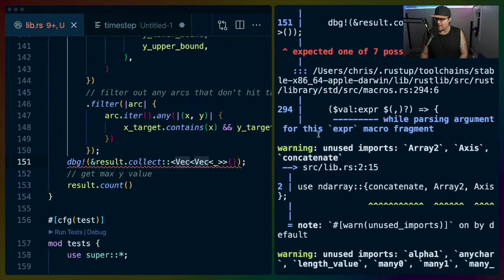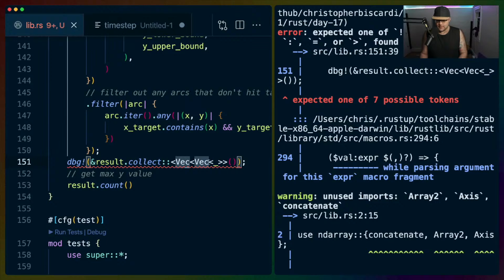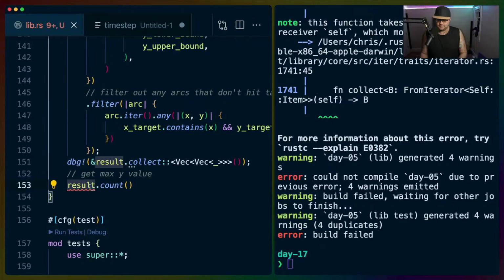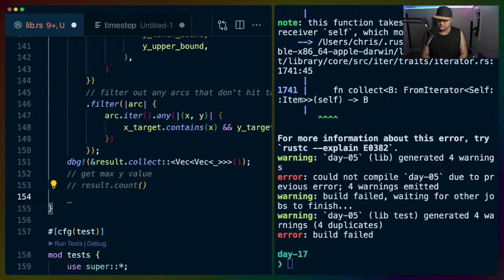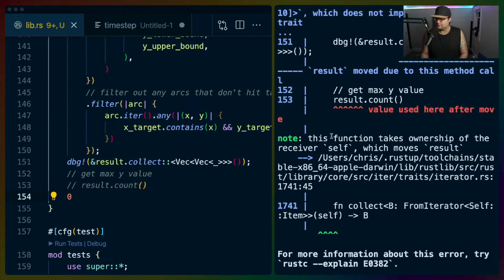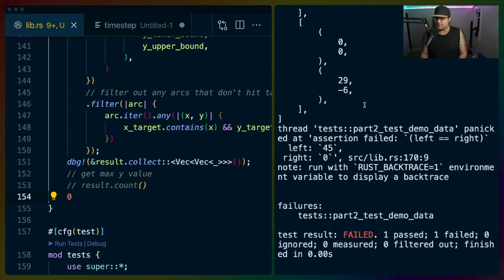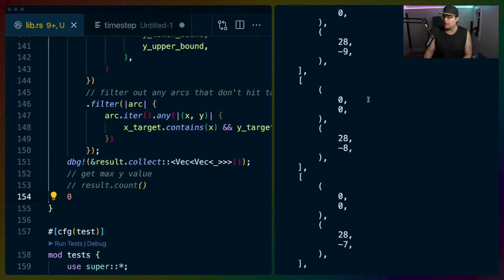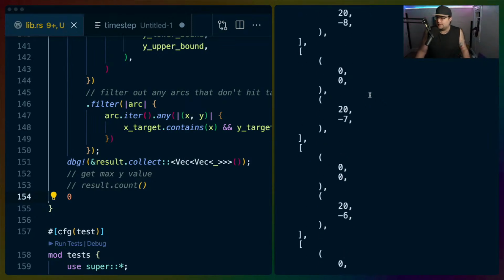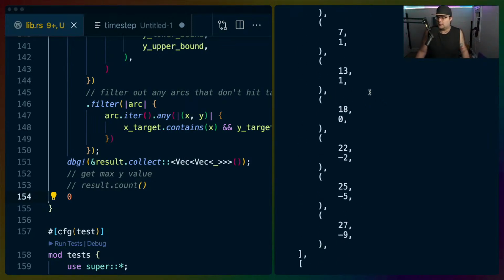Doesn't look like Rust is going to be happy with trying to figure that out. Oh, actually, I just missed a bracket. Use after move, which we could fix, but I chose to fail at instead. Okay, so this is all of the count.